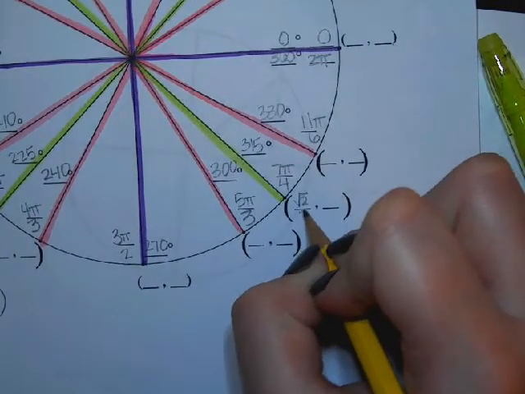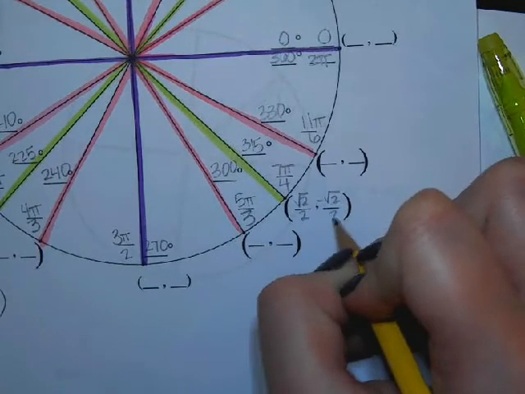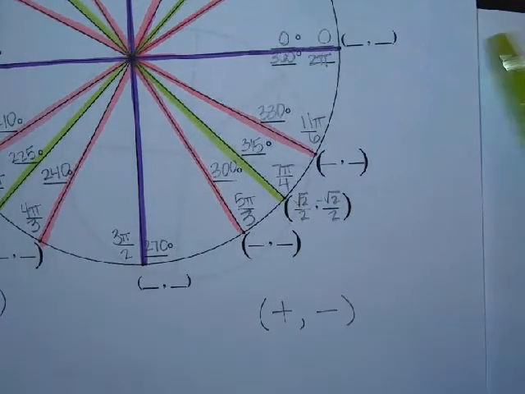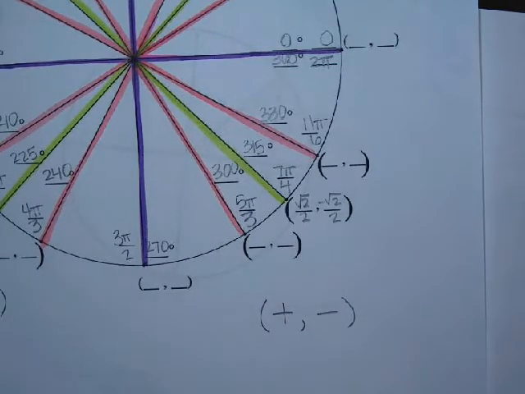So root 2 over 2, negative root 2 over 2. But do you guys see how everything has a mathematical reason for where it is?